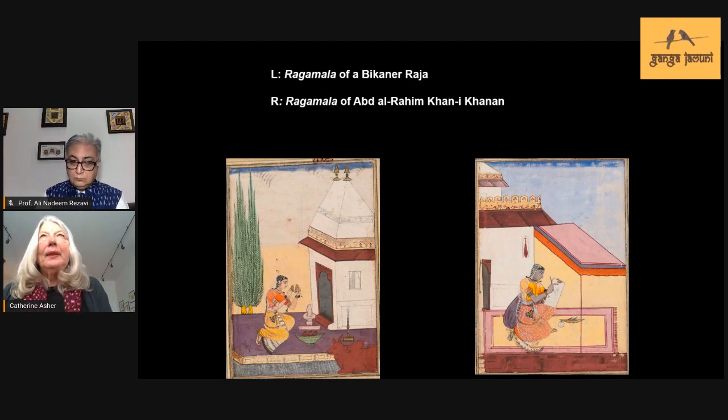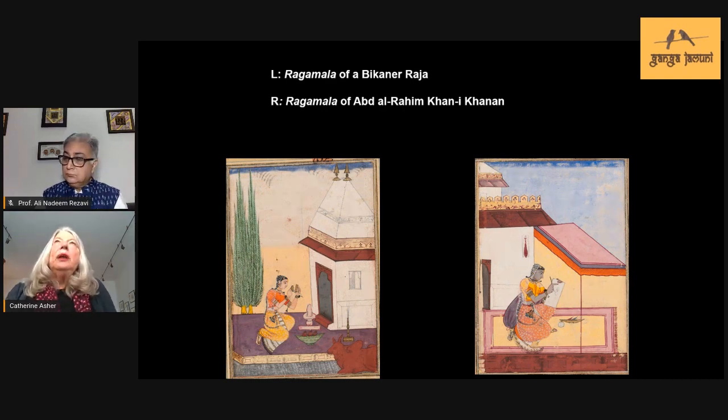Ragamala manuscripts. The one on the left is a Ragamala that was commissioned by the Raja of Bikaner, while the one on the right is a Ragamala that was commissioned by Abdul Rahim Khan Khanan.